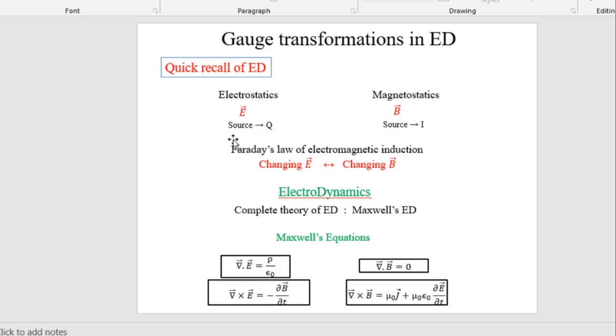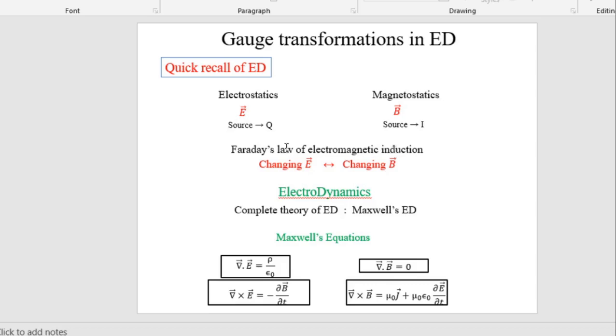And after that we have Faraday's law of electromagnetic induction. So what is electromagnetic induction? It says that if the magnetic flux changes through a coil, then an induced EMF is produced. Or in other words, an induced electric field is produced corresponding to the induced EMF.